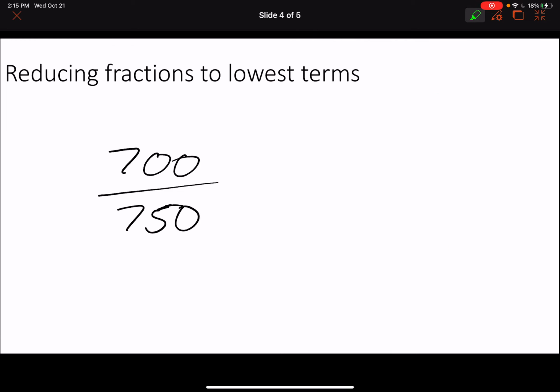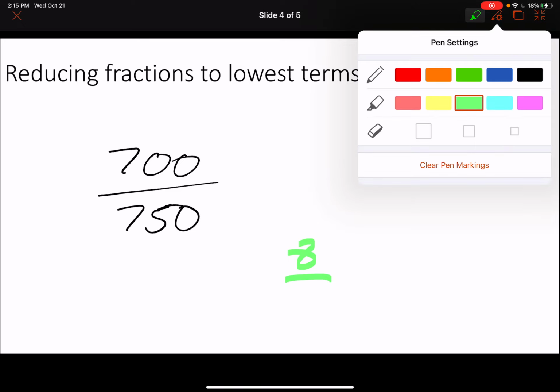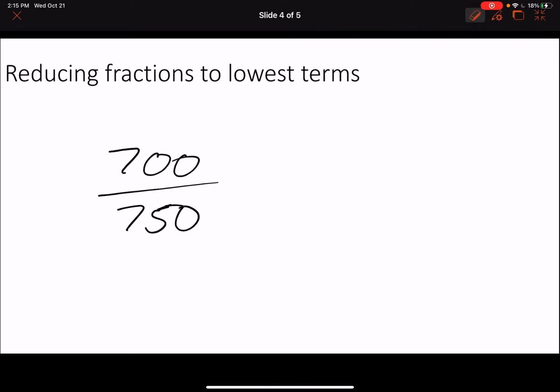Now, we are going to reduce fractions to their lowest terms. Now, I'm just going to do a quick one down here. So what if I had 1 third?